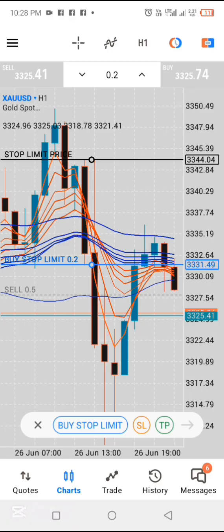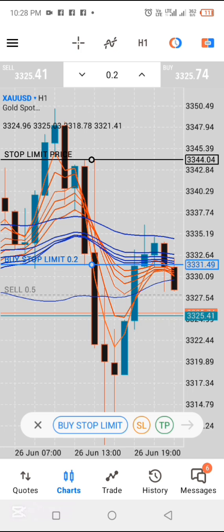You continue to change your stop loss and your TP. You change it continuously as the market is trending in your direction. You trail it until you are stopped out. Then you will realize that you would have made quite a lot.